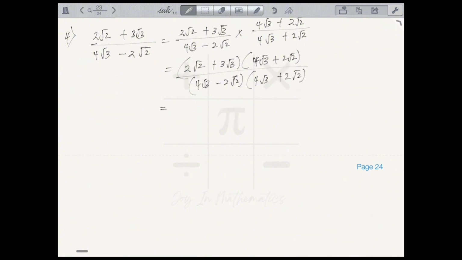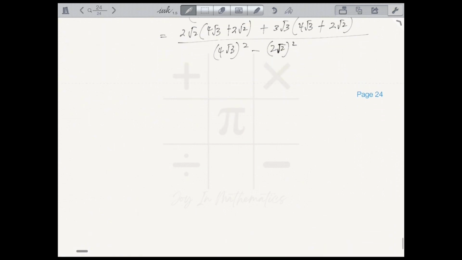So to simplify this, it will result in 2 root 2 multiplied by 4 root 3 plus 2 root 2, and we have 3 root 3 multiplied by 4 root 3 plus 2 root 2, all divided by, these are conjugate surds, so the result will be 4 root 3 squared minus 2 root 2 squared.